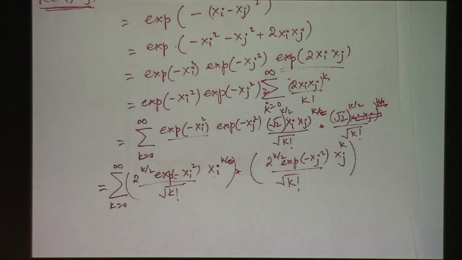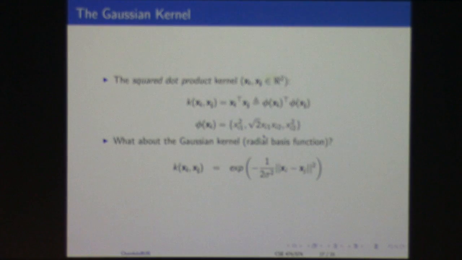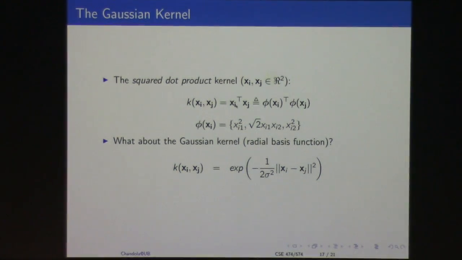So the effect is that when you apply a kernel function, for example, if your kernel function was just a square dot product, it means that you first mapped your xi into this new space and xj into this new space, and then took a dot product there.